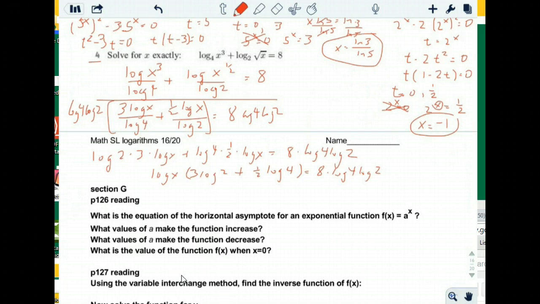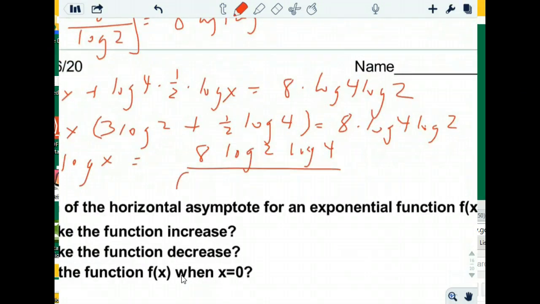Okay, and now to find x, we just have to divide both sides by 3 log 2 plus 1/2 log 4.